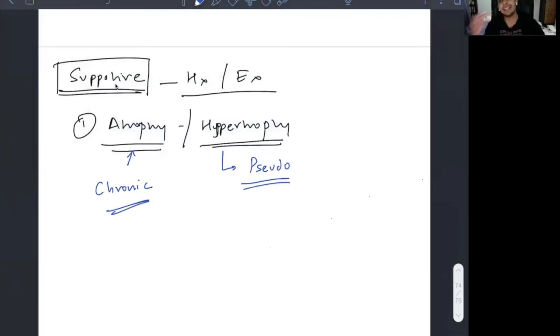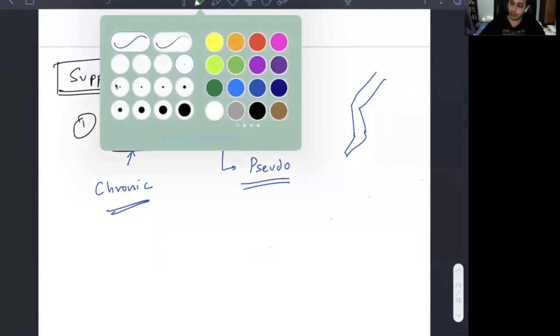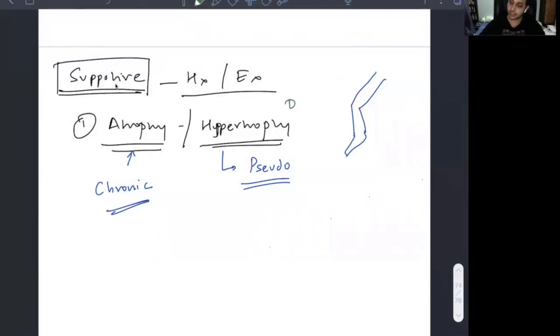So what this means is that there are muscle fibers that are getting damaged and they're actually dying, but they get replaced by fat. So while a normal arm may look like this or a normal leg may look like this, in a case of, for example, Duchenne muscular dystrophy, you may get extra fat deposition inside your muscle tissue.